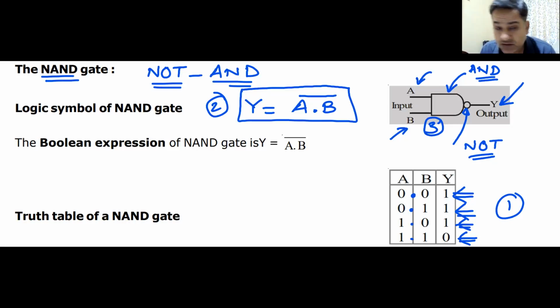I'll give you a minute to note this down. If you have any doubt, please raise it now. Take your time. Things might look very easy now, but you should not get confused, because a simple question like this will not come. They will put a lot of combinations, maybe 2 or 3 gates together, and then they will ask you the question.